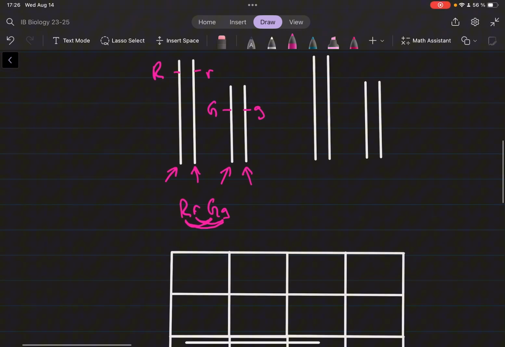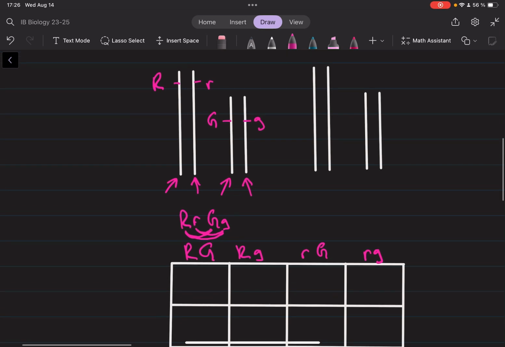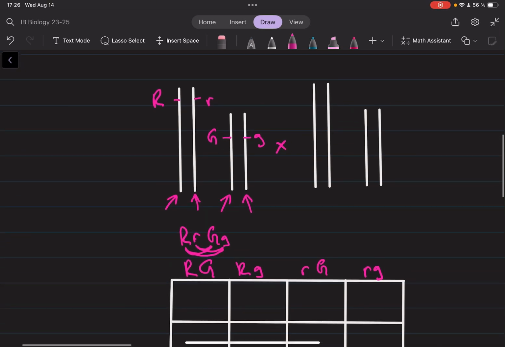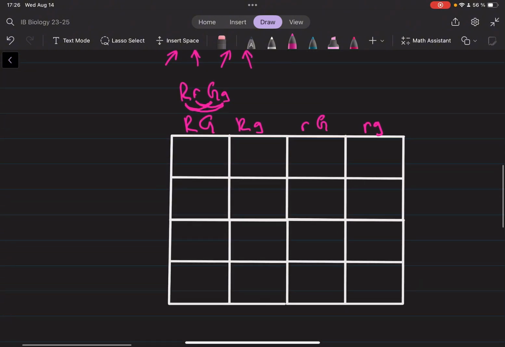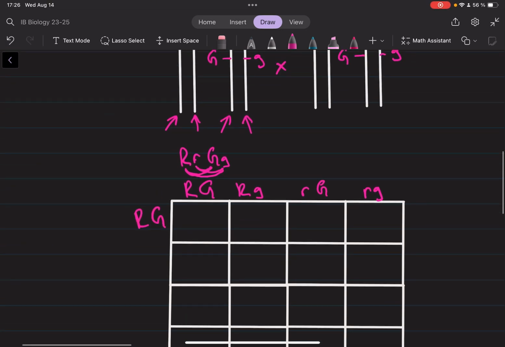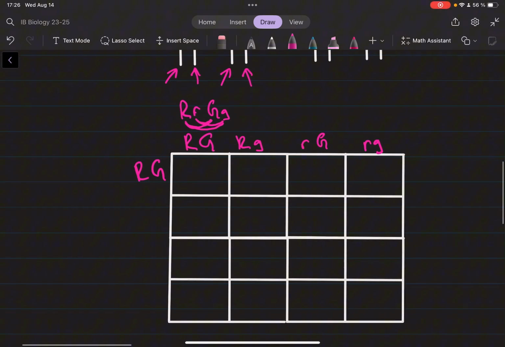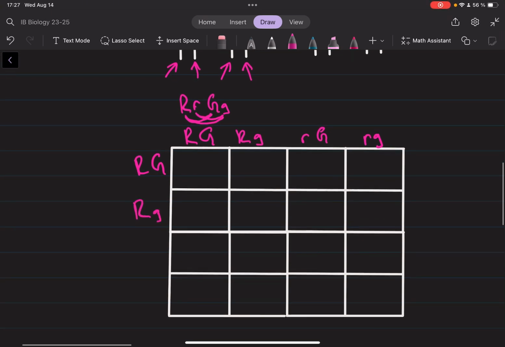So they could inherit round and green, round and yellow, wrinkly and green, wrinkly and yellow. And then let's say that this is crossed with another pea that is also heterozygous for both traits. And then we do the same on the other side because you would have the exact same combinations for the second parent.